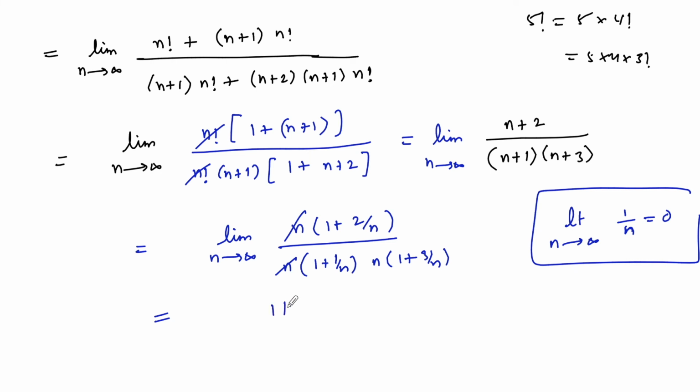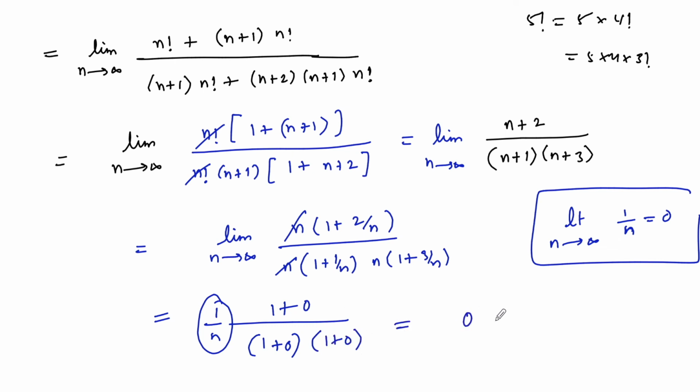So 1 plus 2 into 1 upon n, that is 0, upon, so here it is 1 plus 0, and again here 1 upon n. So this 1 upon n can be taken as 0 into 1 plus 0. So finally we can say that 0 into 1 upon 1, it's a 0. 0 is the answer.